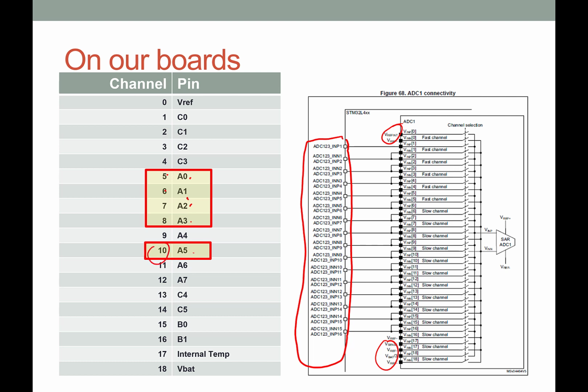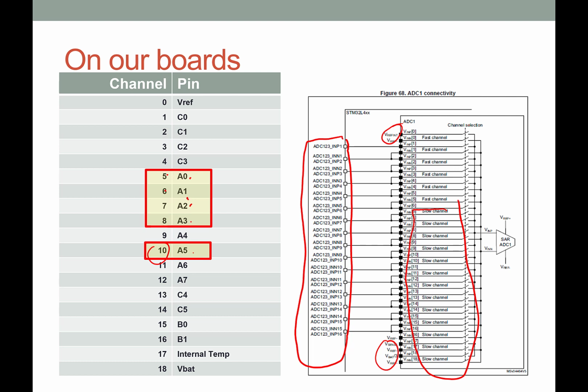So we have access to those, and you can see here whether they're a fast channel or slow channel. So 5, 6, 7, and 8, where are those? You can see the slow channels are here. So if you want to do fast, you have really 5 and 6 that you can use. The rest are sort of on the slower channel.